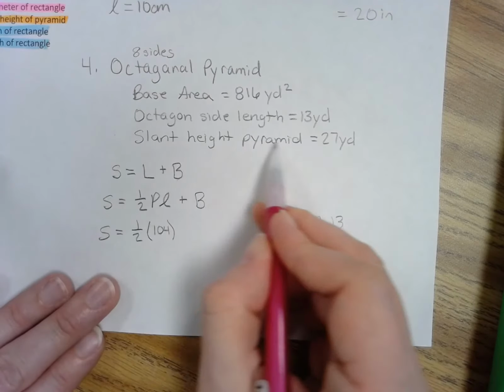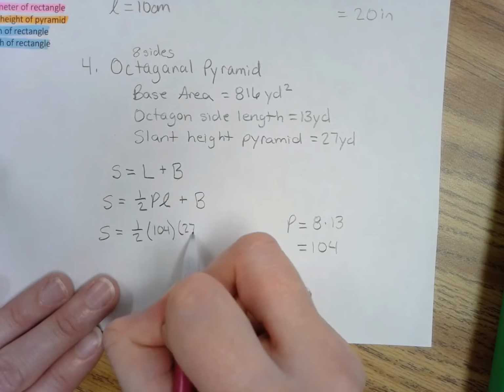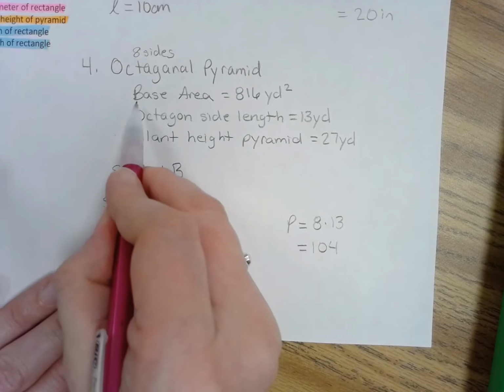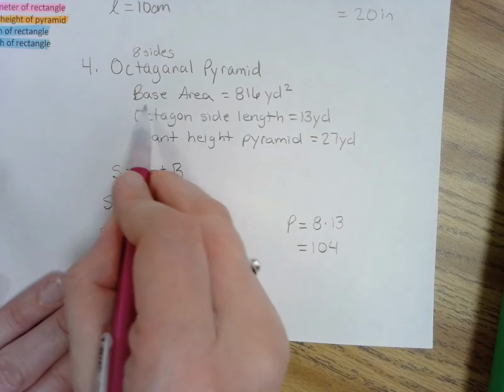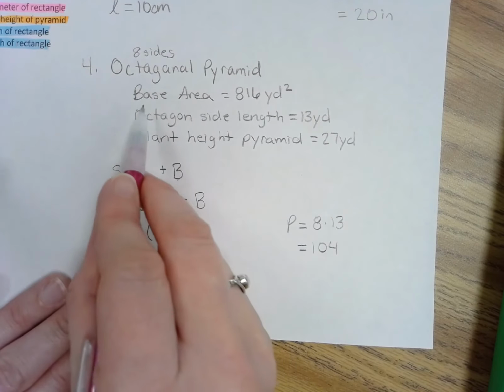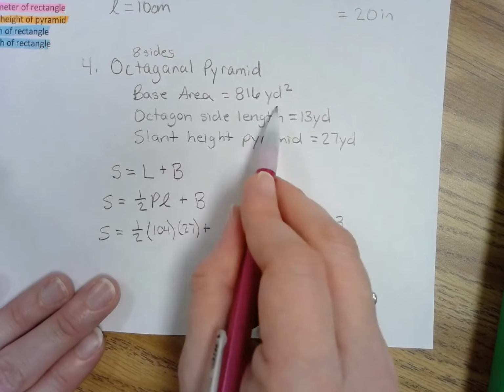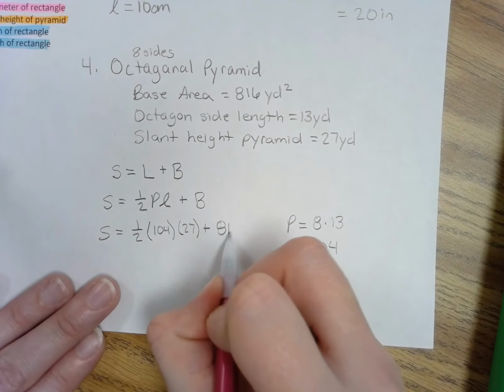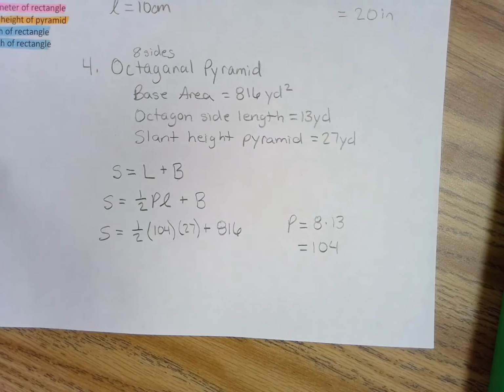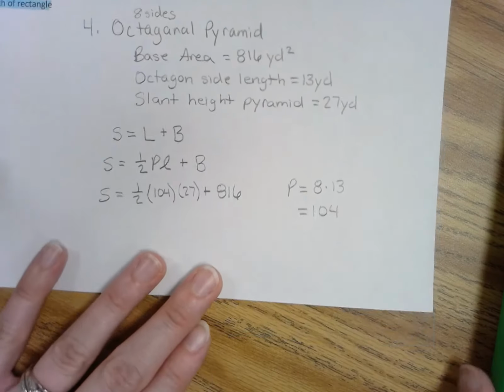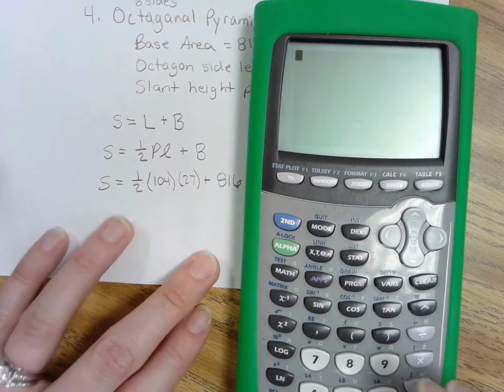Our slant height was given to us as 27 plus our base area, because we don't have to know the formula for an octagon. The area of that was already calculated. We get 816.